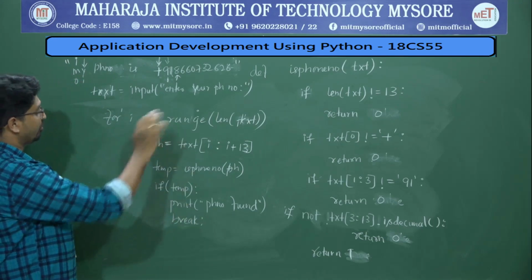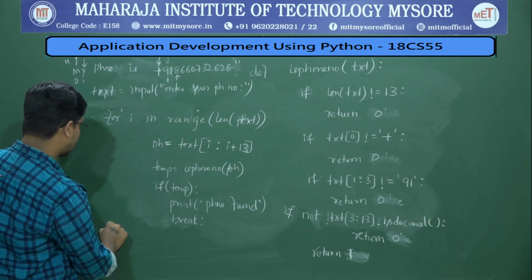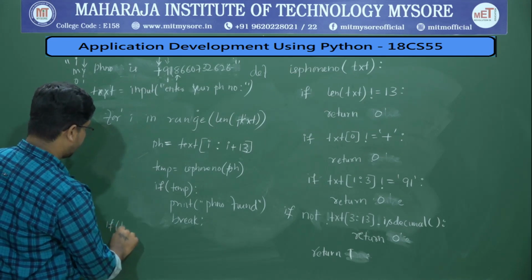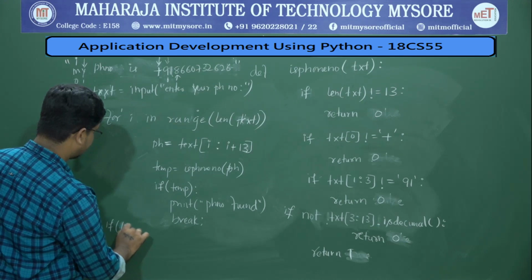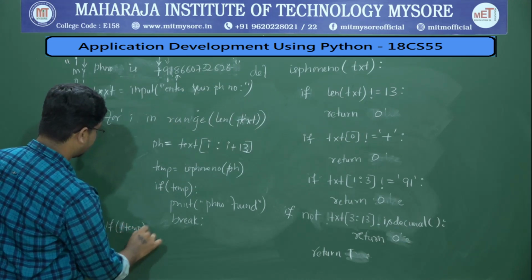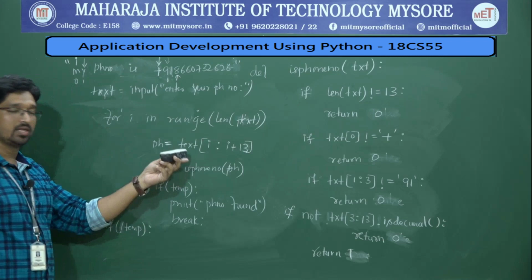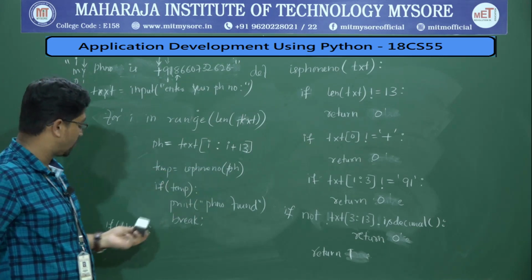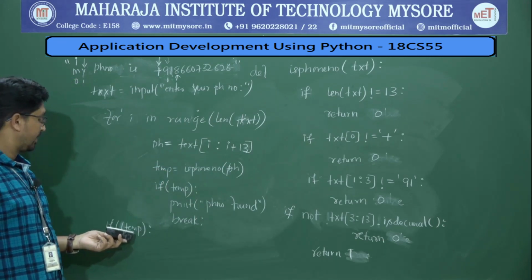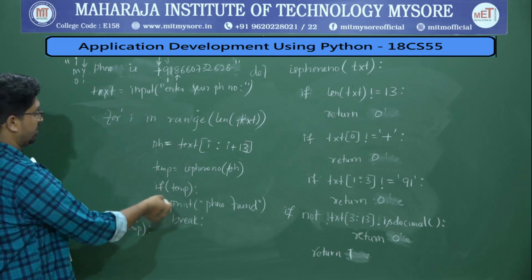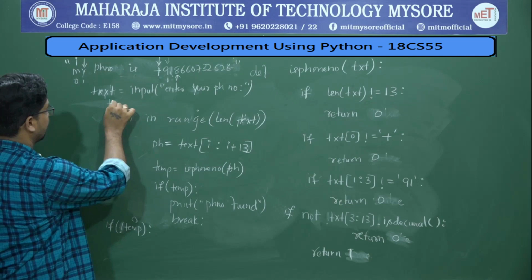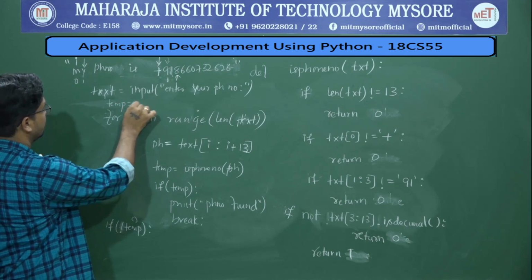Okay, what else if the phone number is not found? Again we need to write a condition, if not of temp. In the case of successful execution temp is 1, otherwise temp will be 0 initially. We need to initialize temp is equal to 0.